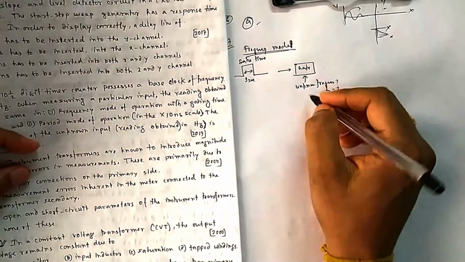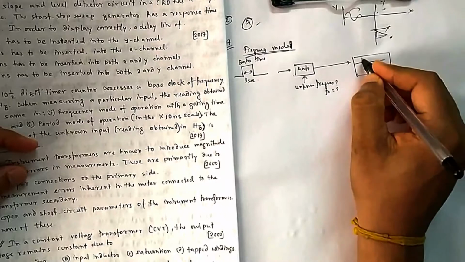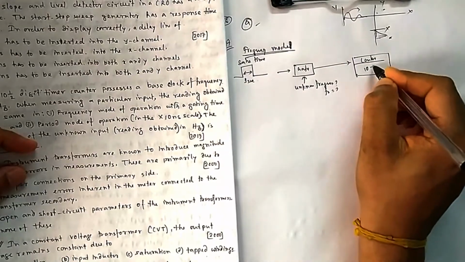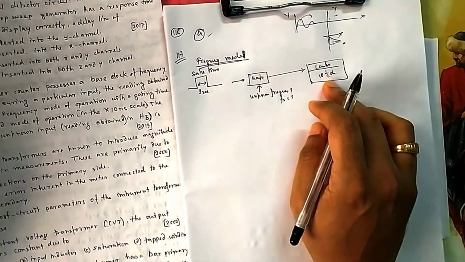You are feeding the unknown frequency here, and then finally it gets counted in the counter, and the counter has a 10.5 digit display. You know, 10 full digits, and the half digit is either 0 or 1.